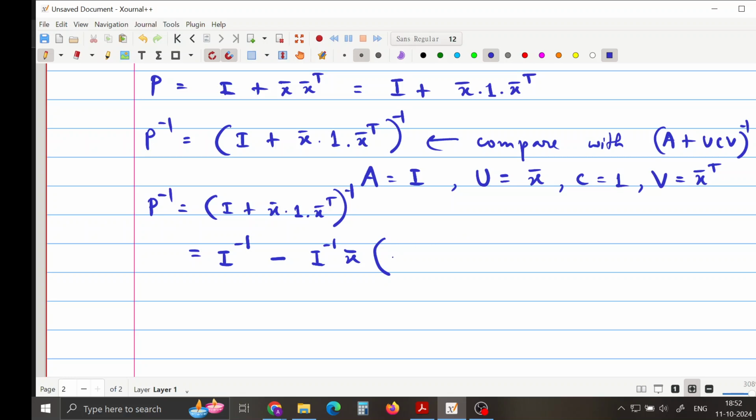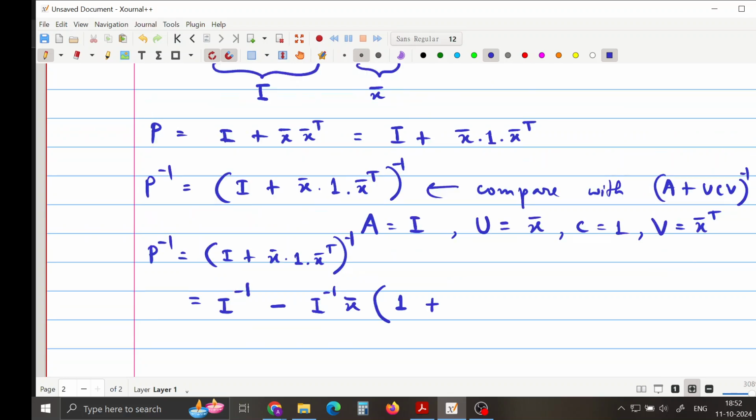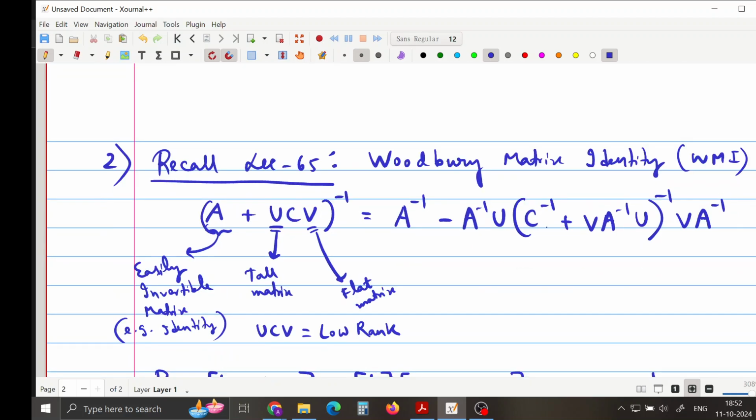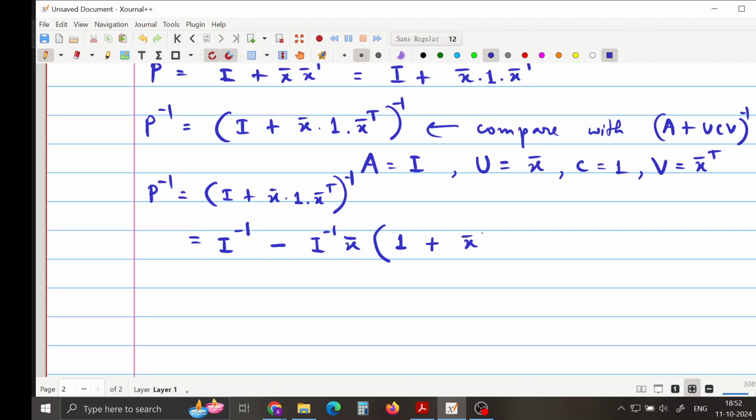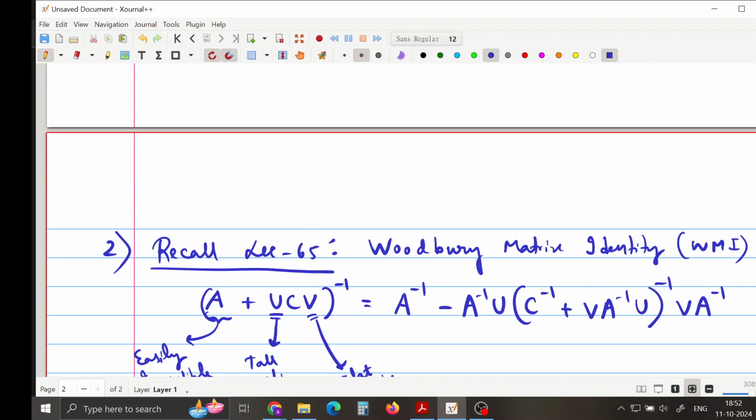C is the scalar 1, so its inverse is simply 1 itself, plus V A inverse U.